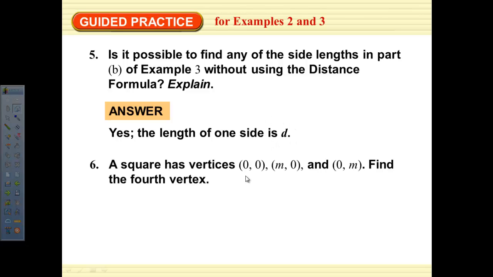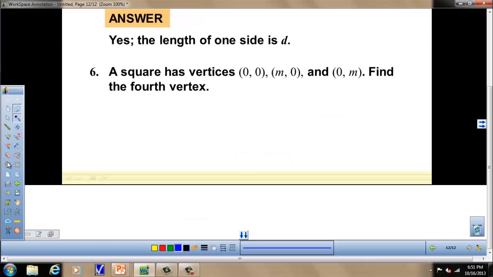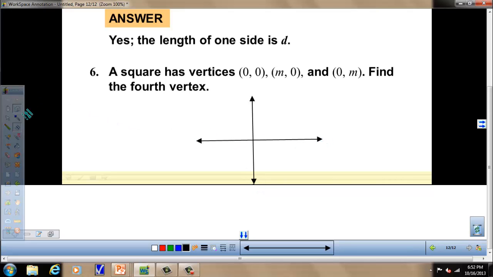And we have a square with vertices at (0, 0), (m, 0), and (0, m), and we want to find the fourth vertex. This is what it's going to look like if we were to graph it. We would have our y-axis and our x-axis, and again, the distance m is going to be kind of arbitrary, so we'll call this m right here. So this would be (m, 0) because it's on the x-axis. We want to go the same distance here as we do here.